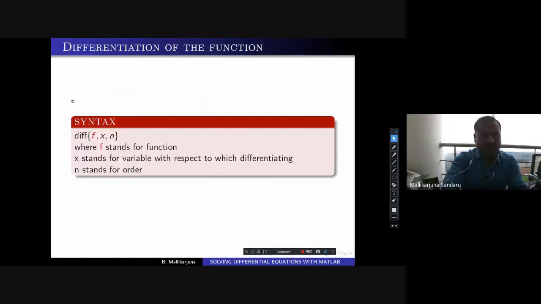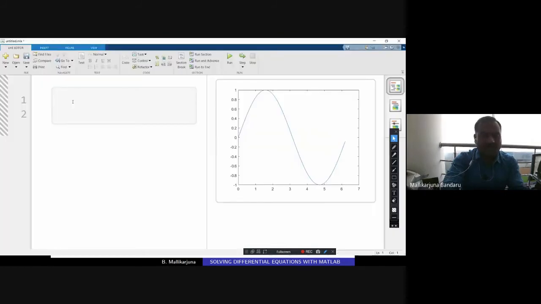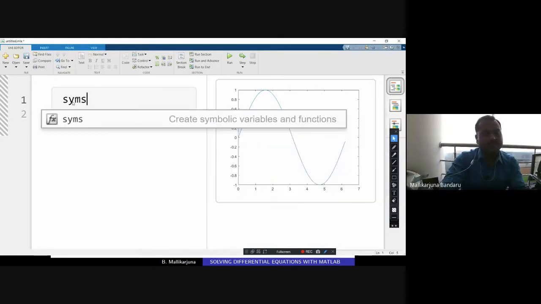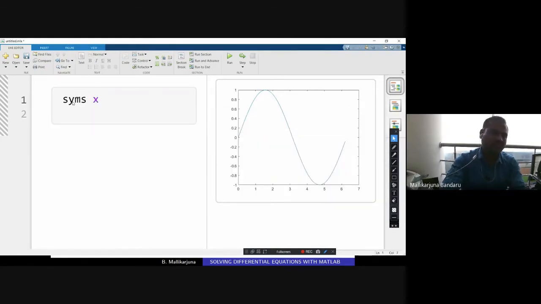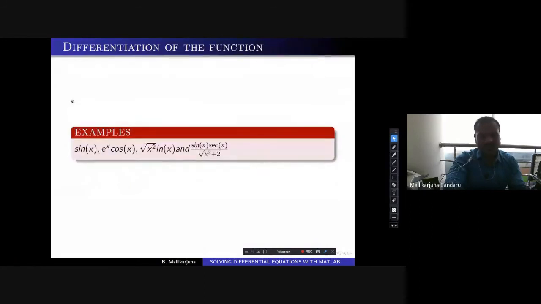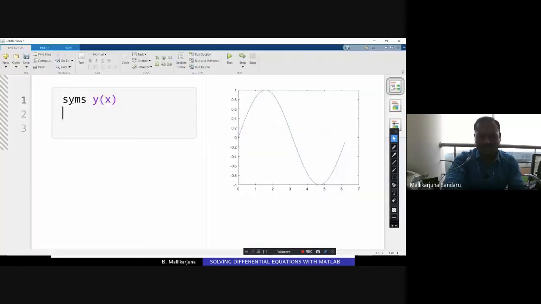The syntax is differentiation of x. So first, let me declare x, and let us move to the problems. So sin x differentiation. Here x is the variable of differentiation, right?